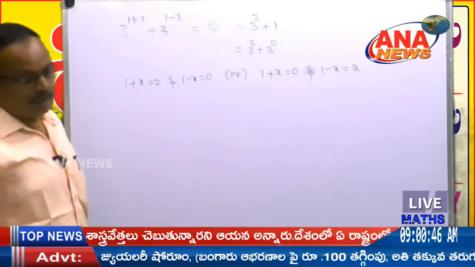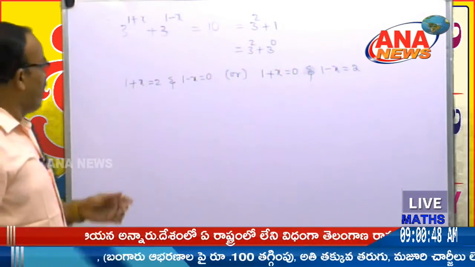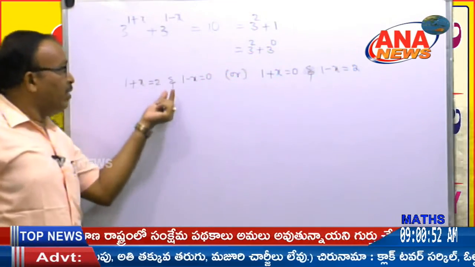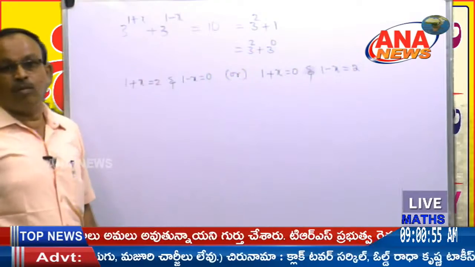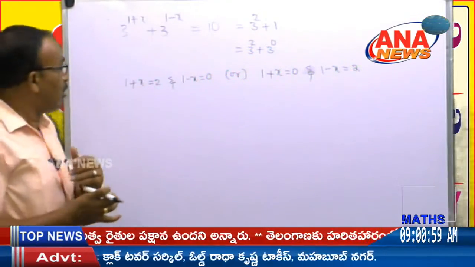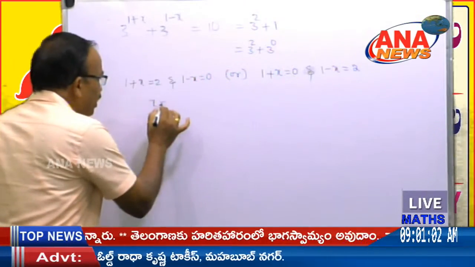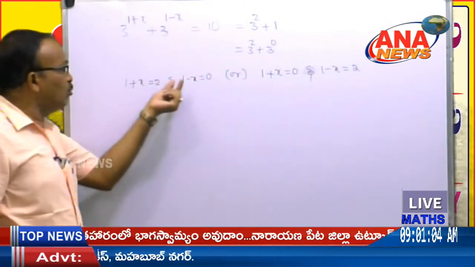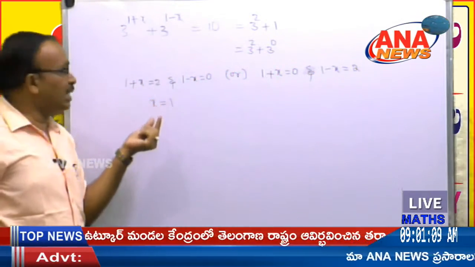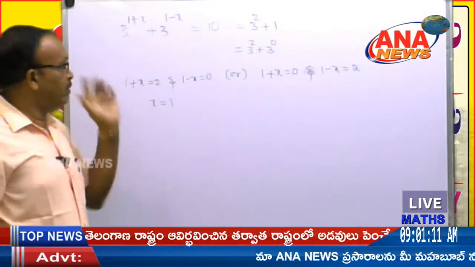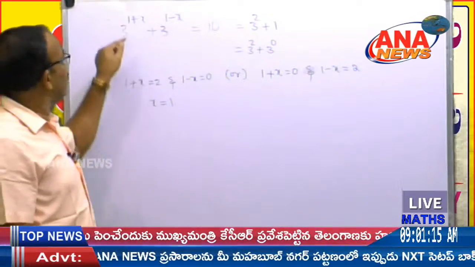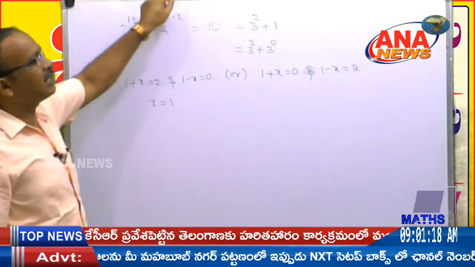Both cases. What is the first case? 1 plus x is equal to 2 and 1 minus x is equal to 0. Both satisfy for x is equal to 1. If x is 1, this is 2, this is 0. So if x is equal to 1, that is 10. Right? If x is equal to 1, this is 3 square, this is 3 power 0.